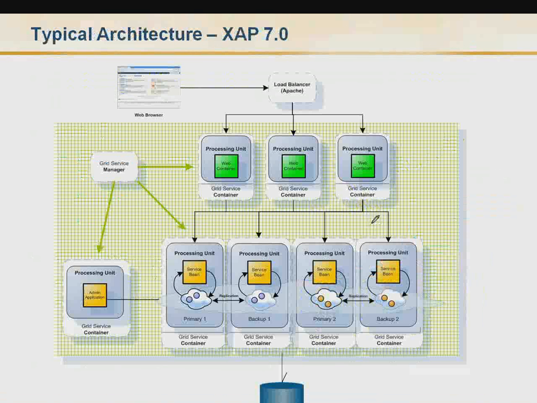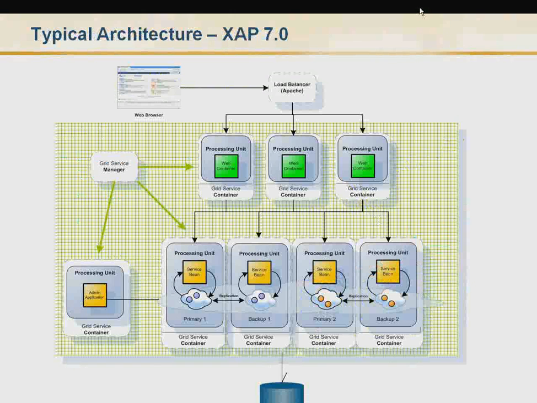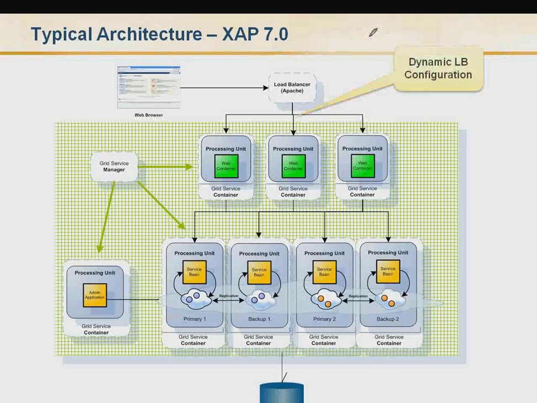The next diagram, which is going to show up on your screen in a second, describes a typical architecture of a GigaSpaces-based system. You can see that we still have the load balancer at the front end. The difference here is that, because GigaSpaces applications are deployed onto what we call the SLA-driven environment, they are constantly monitored by a grid service manager, which checks if they're alive and functioning properly, and basically enables you to proactively act on the system.